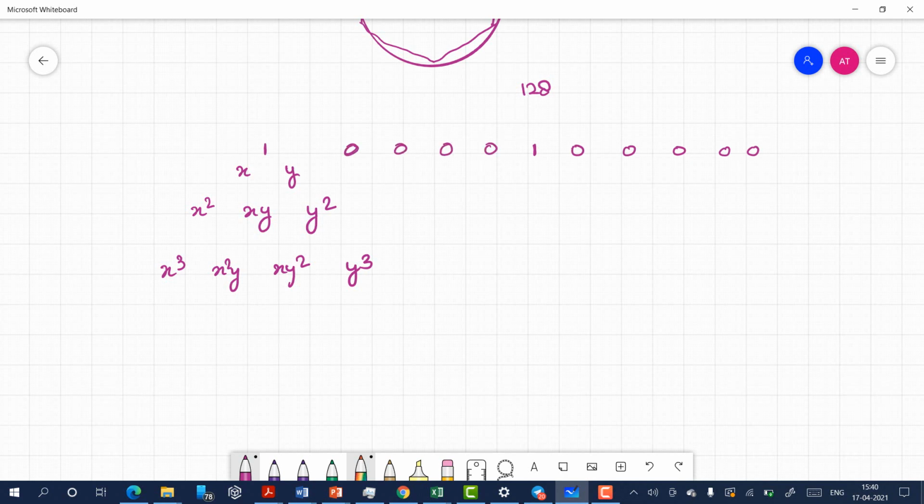The rest of the terms are 0, and the next term here will be the summation of this and this. So 0 plus 1 will be 1, 0 plus 1 will be 1, rest of the things will remain 0. Then 1 plus 1 will be 2, right? And here you are getting 0 plus 0, 0, 0 plus 0, 0. So 0 plus 1 again becomes 1, 1 plus 0 becomes 1, right?